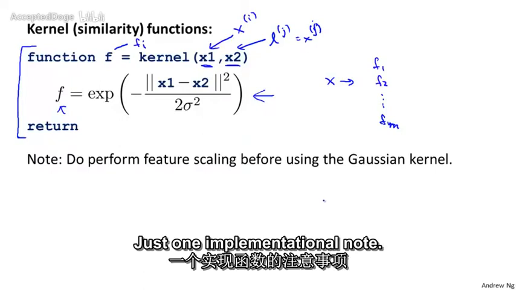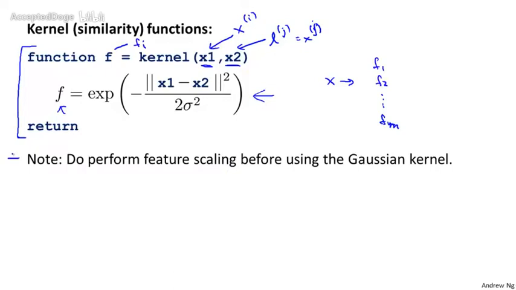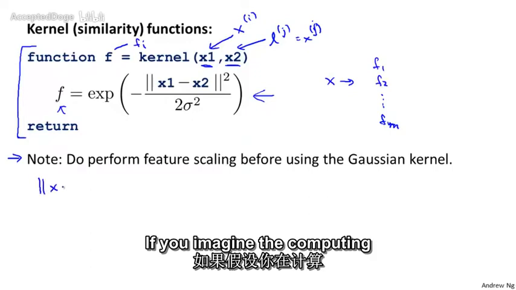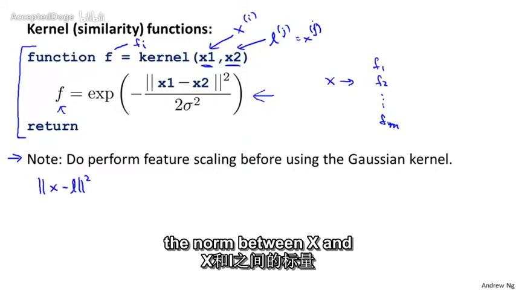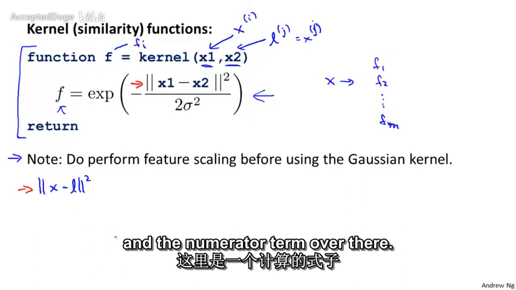Just one implementational note: if you have features on very different scales, it is important to perform feature scaling before using the Gaussian kernel. And here's why. If you imagine computing the norm between x and L, right? So this term here is sort of like the numerator term over there.